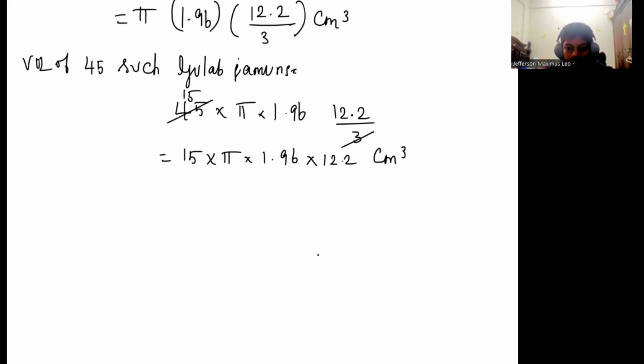And what portion is now remaining? Please tell. Ma'am, we have to calculate 30 by 100. Yes, correct. Okay. Now, the volume of sugar syrup inside the gulab jamuns.